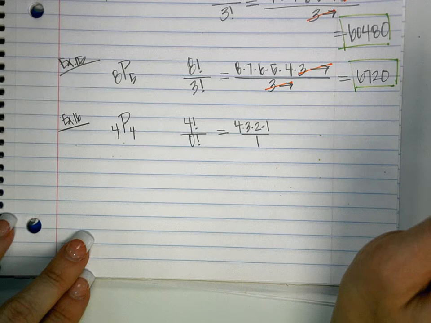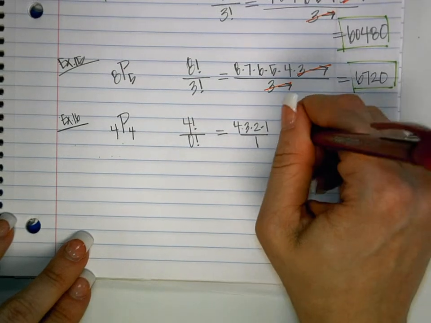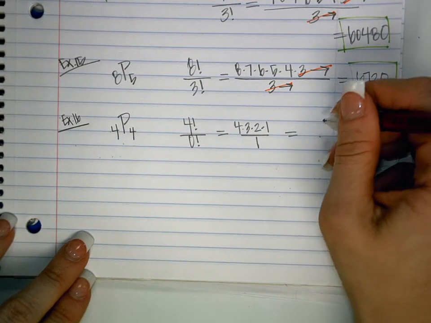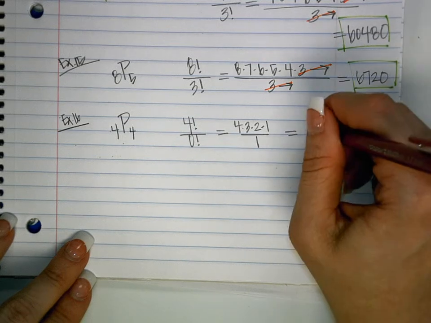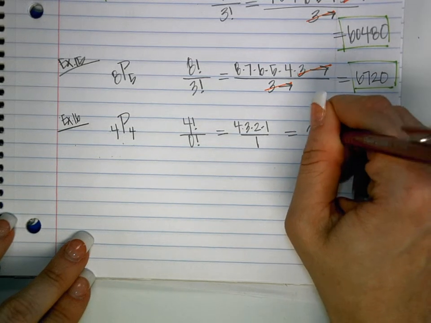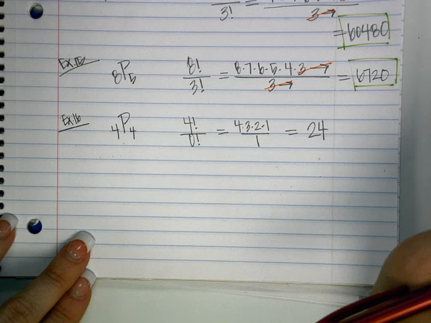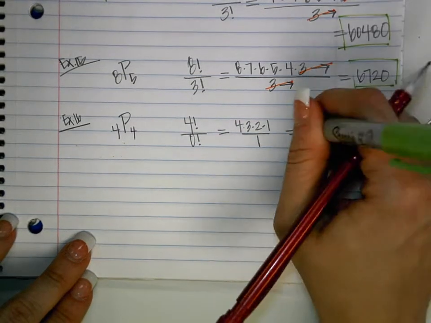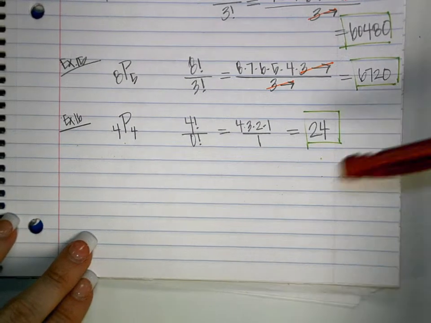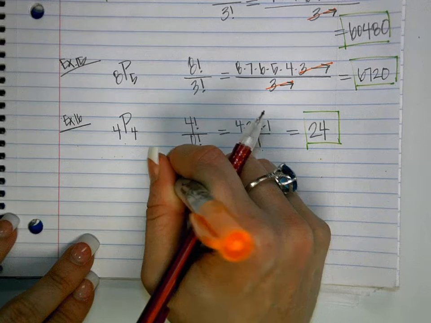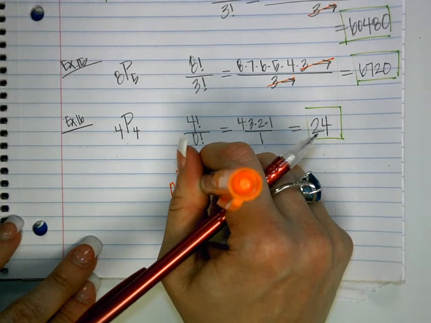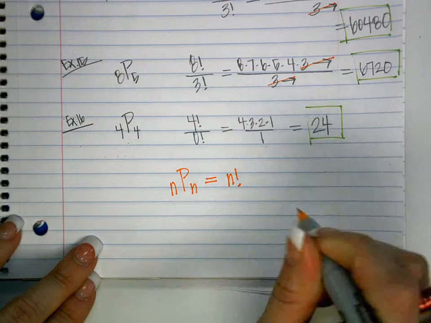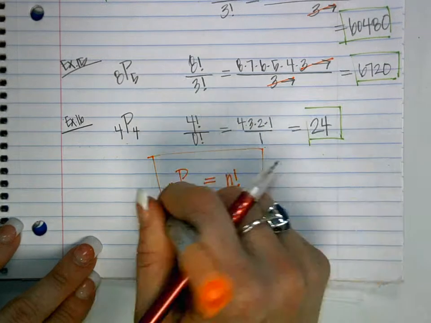So if you multiply that out, we get 24. Technically, if you have nPn, if you have the same number here, it will always equal that number factorial.